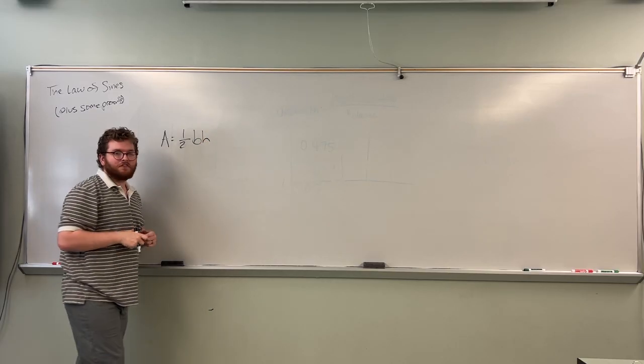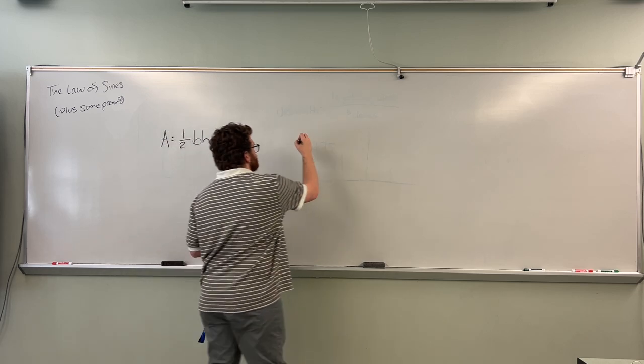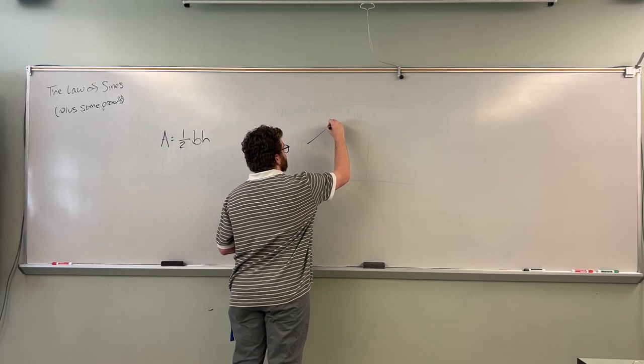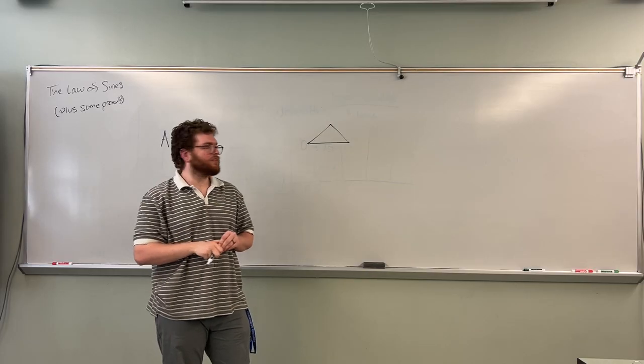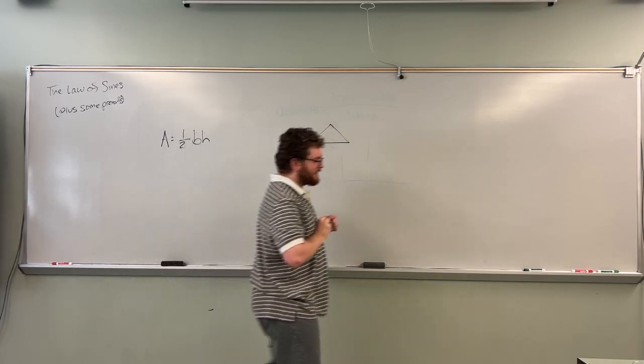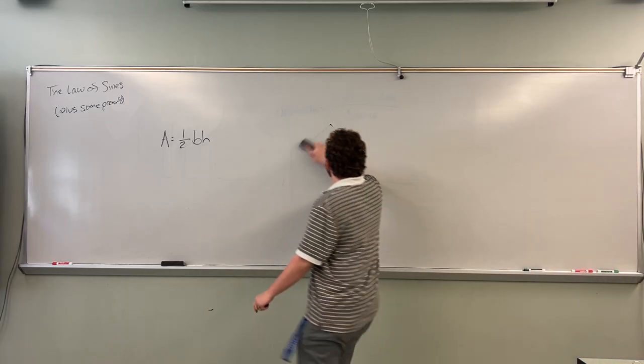But what if it's difficult to tell what the height of a triangle is? For instance, if I have a triangle that's like this, it might be a little difficult to tell what the height is. They clean these boards with something and it makes it really difficult to write on.